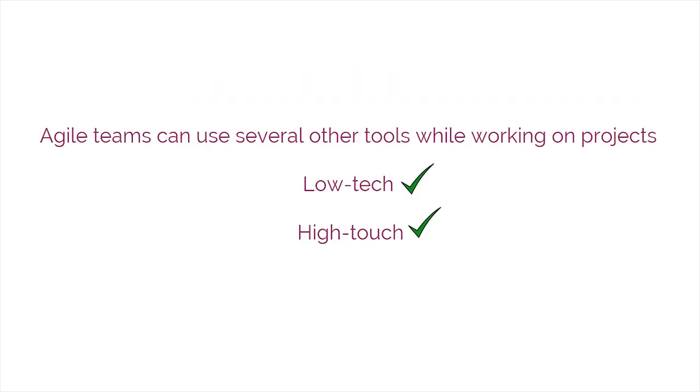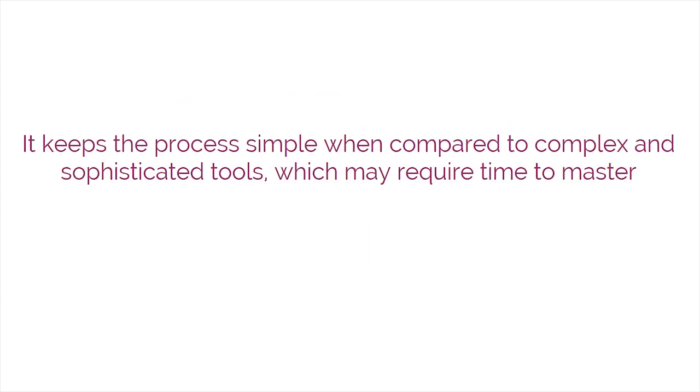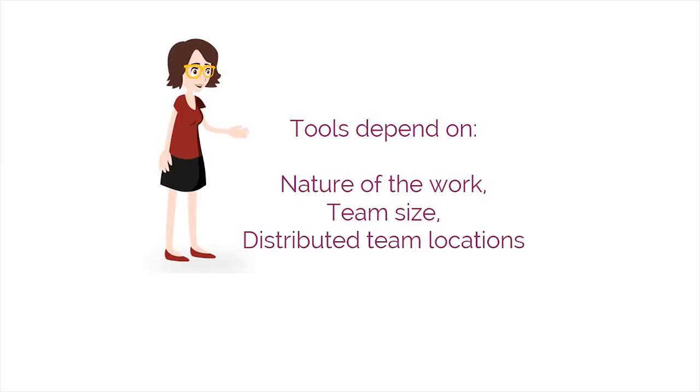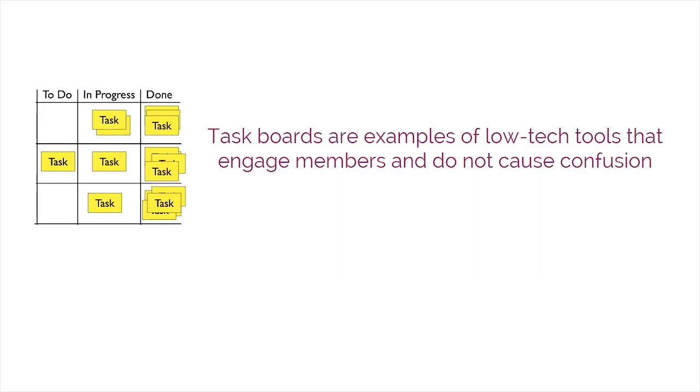Agile teams can use several other tools while working on projects. Agile methods prefer low-tech, high-touch tools in order to keep the process simple when compared to complex and sophisticated tools, which may require time to master. Tools may be required depending on the nature of the work, team size, or distributed team locations. Task boards are examples of low-tech tools that engage members and do not cause confusion.